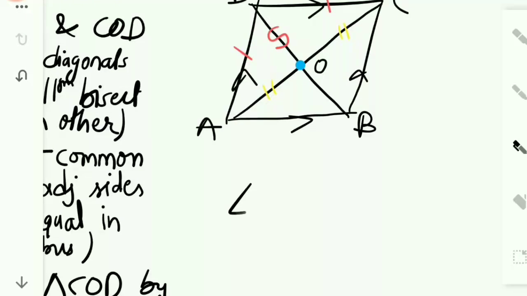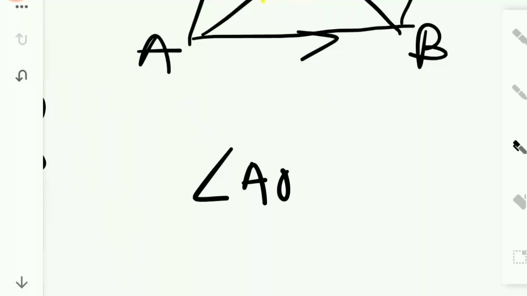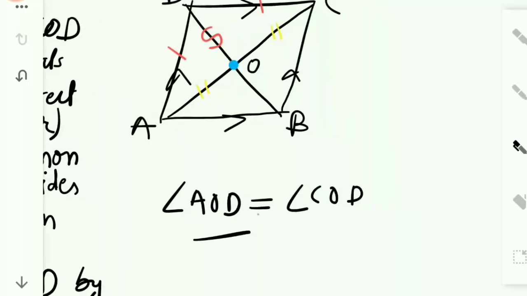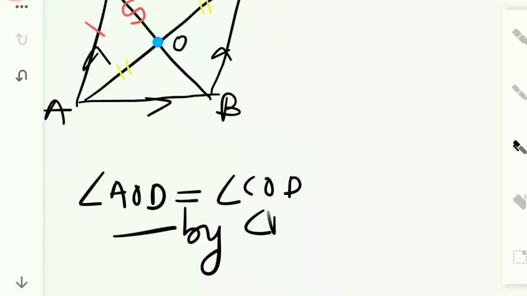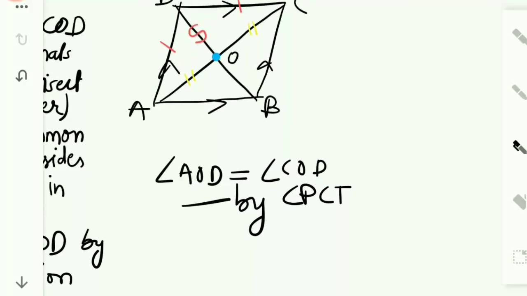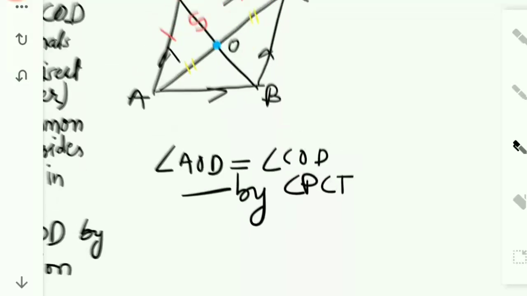That means angle AOD must be equal to angle COD. How? By CPCT, that is corresponding parts of congruent triangles. So we also know that angle AOD and angle COD are linear because they are formed on the same line.